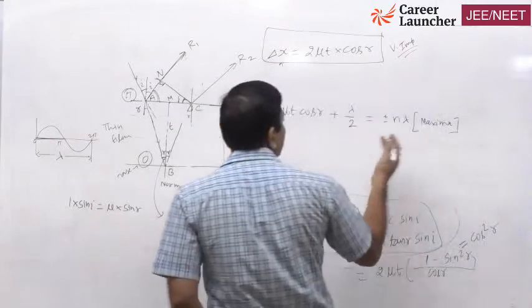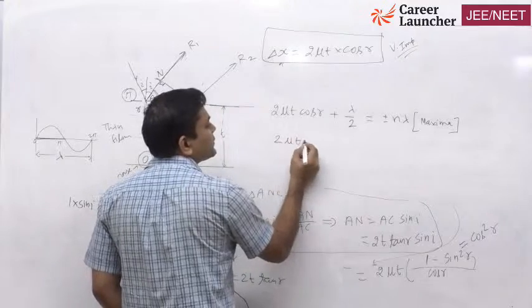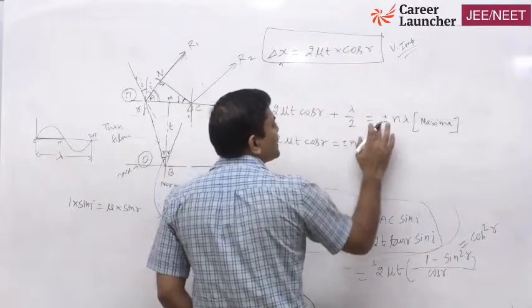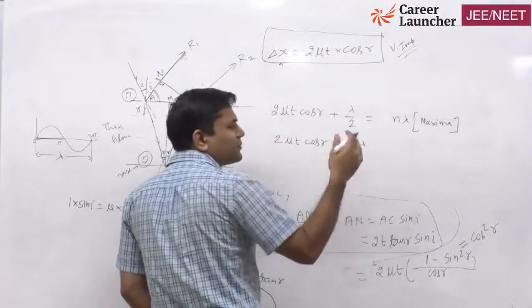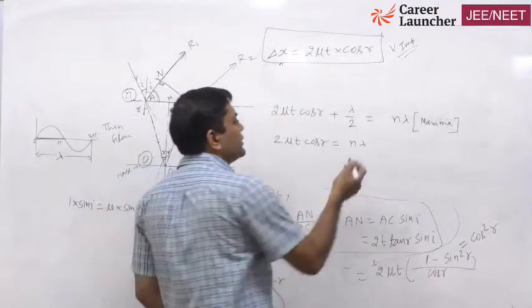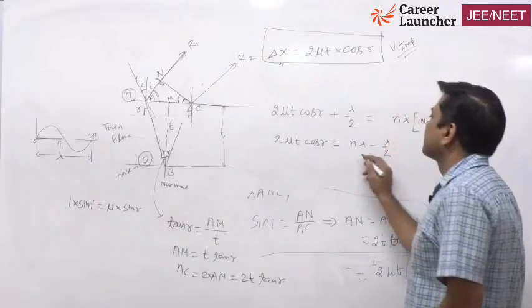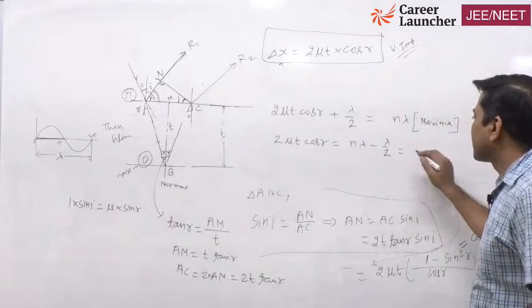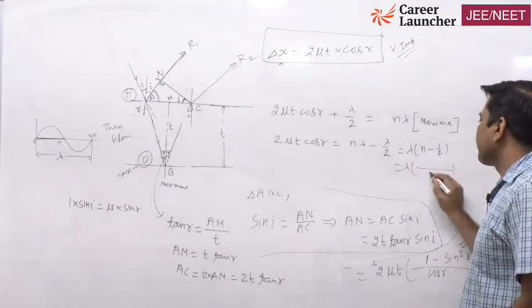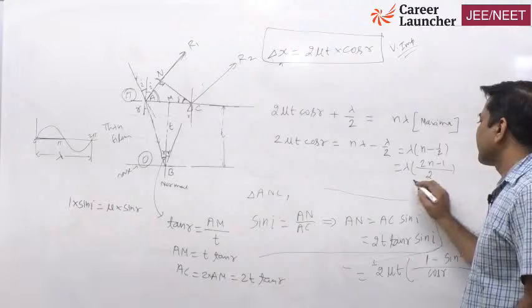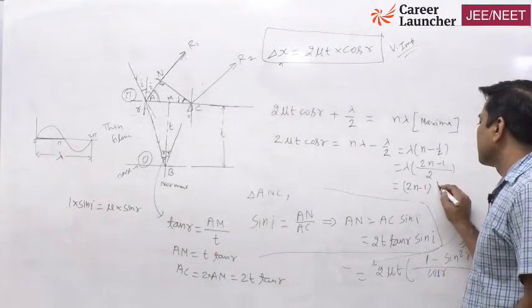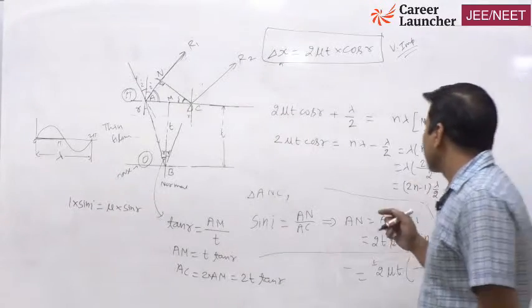Once you solve this further, you can write plus minus n lambda, because minus means the fringes will be in the upward direction as well as downward, so it doesn't matter. Here if I take lambda common, this is equal to 2n minus 1 into lambda by 2. And this is the case for maxima.